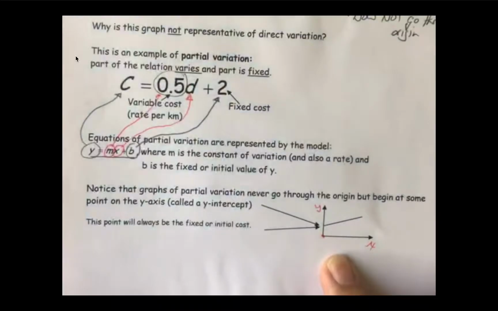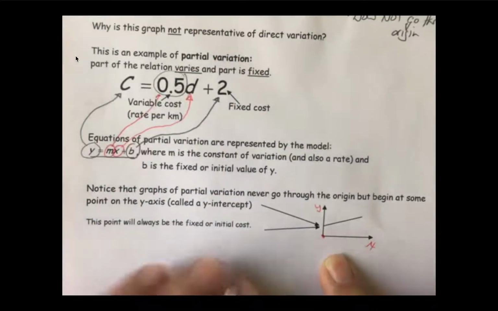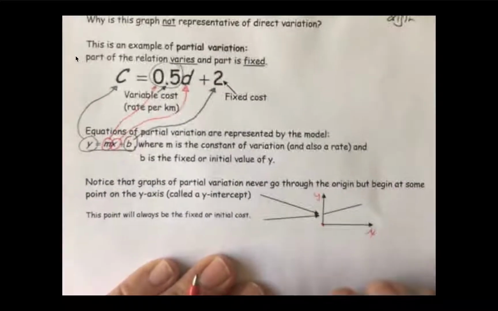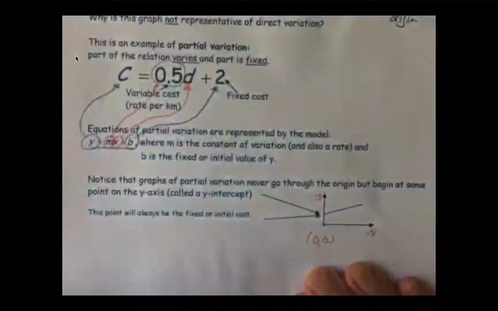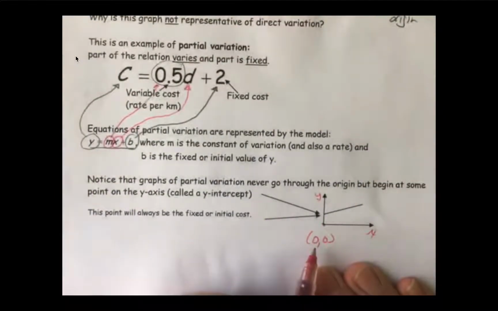And by the way, just to point out to you, in case you're not familiar with this, the point where the two axes meet has coordinates, and those coordinates are 0, 0. The first number, always in a set of coordinates, represents where you are on the horizontal axis. So we're at 0 on the horizontal axis. And the second number in an ordered pair represents where you are on the y-axis.